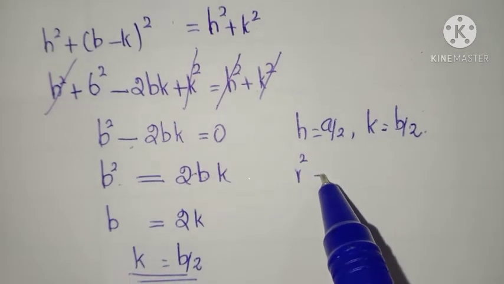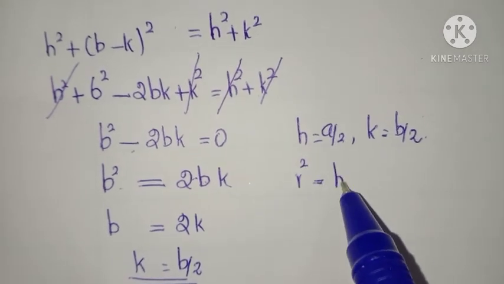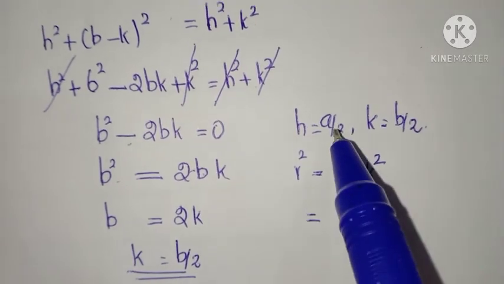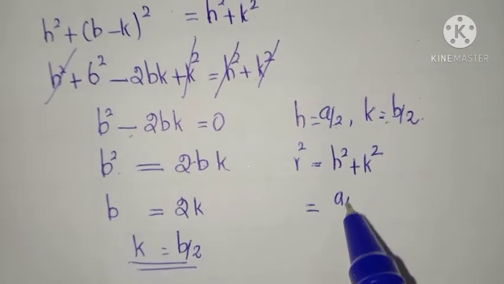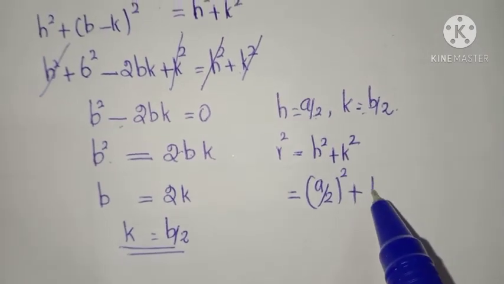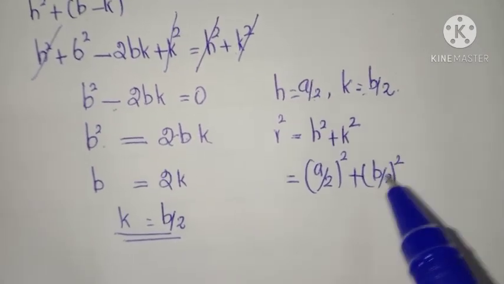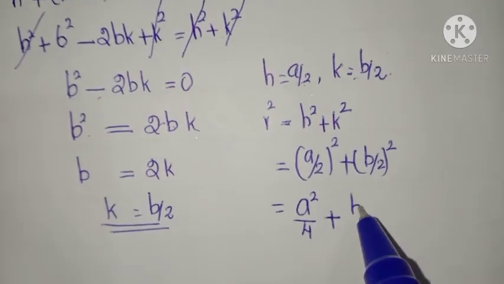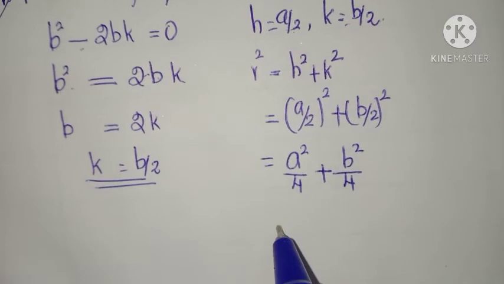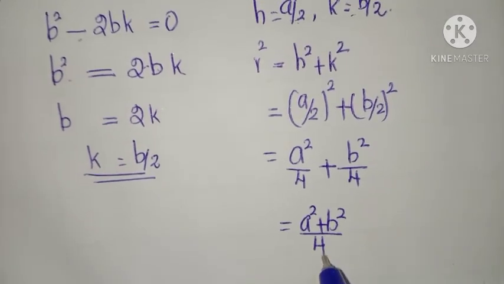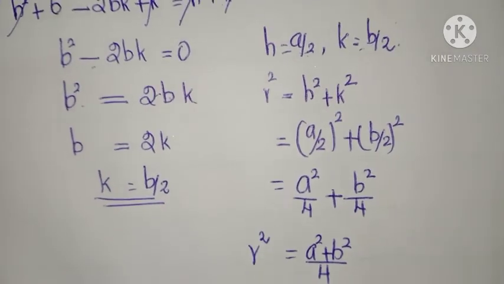So what is the radius? R square we already defined. R square is h square plus k square. So put these values here: (a by 2) whole square plus (b by 2) whole square. So this is equal to a square by 4 plus b square by 4, or it is the same as (a square plus b square) by 4. That is our r square.